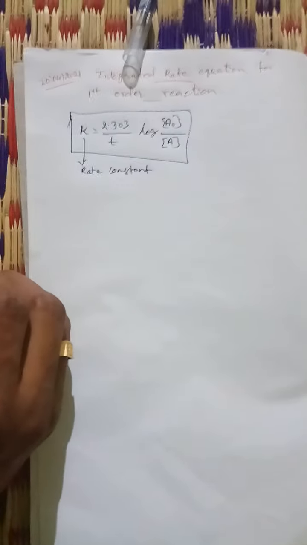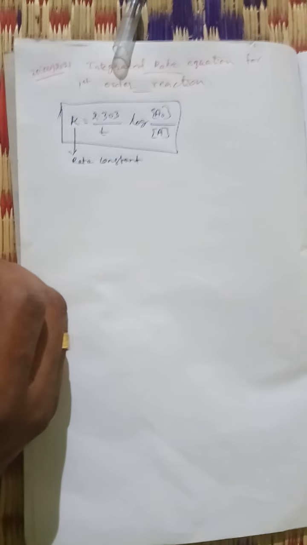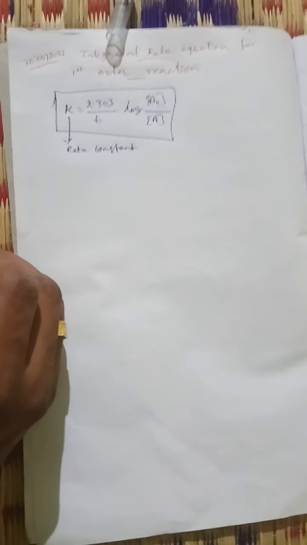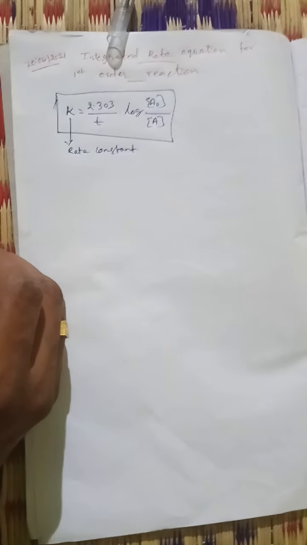First order rate constant K equal to 2.303 divided by t into log of initial concentration of the reactant A naught divided by final concentration of the reactant A, right?